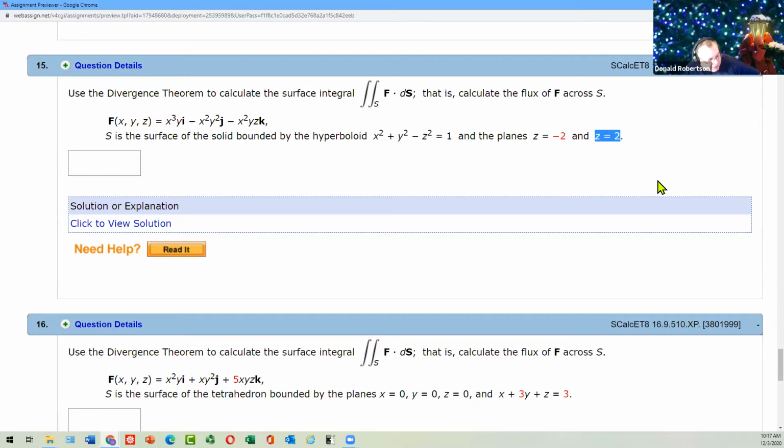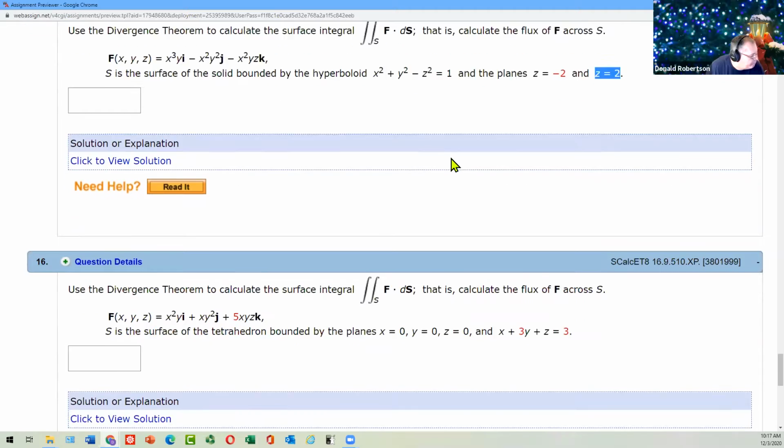In fact, if it had been x squared plus y squared plus z squared equals 1, I may well have gone spherical coordinate system as well, right? Because that would have been a sphere. But because it's a minus z squared, that actually is going to turn into a cylindrical coordinate scheme.